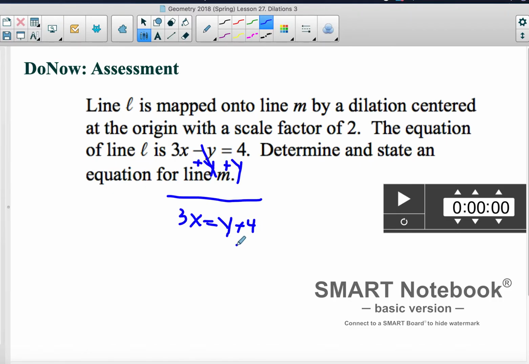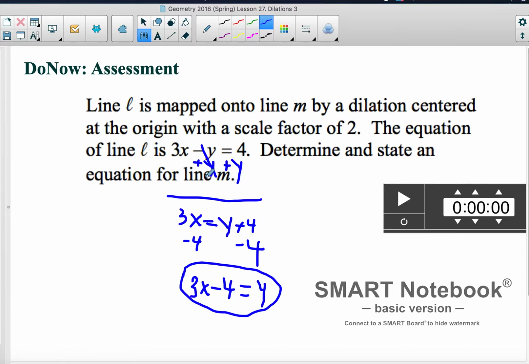Okay, and then I'm going to subtract the 4 from both sides, and I'll be left with 3x minus 4 equals y. All right, and this is my y equals mx plus b form, where my slope is 3 and my y-intercept is negative 4.